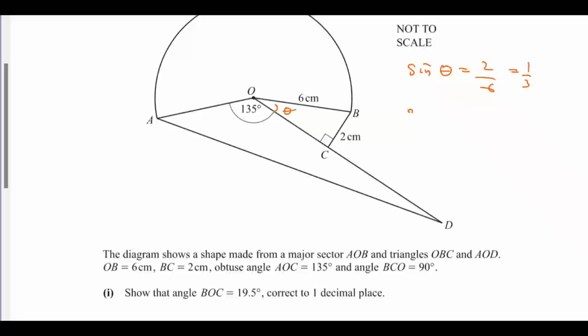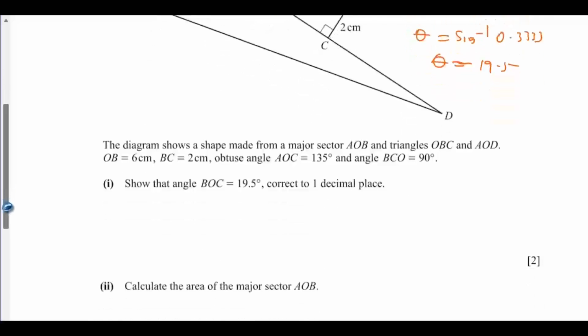Sine theta is 0.3333, and theta equals sine inverse of 0.3333, which is approximately 19.5 to 1 decimal place. So we can just show it there.